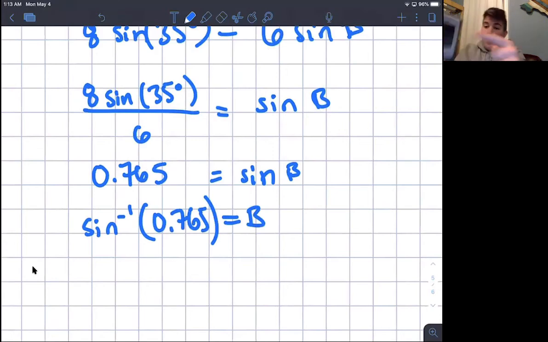Notice I'm not rounding in my calculator. My calculator still has that super giant long number, and I'm going to say the inverse sine of the answer. There you go, like so.